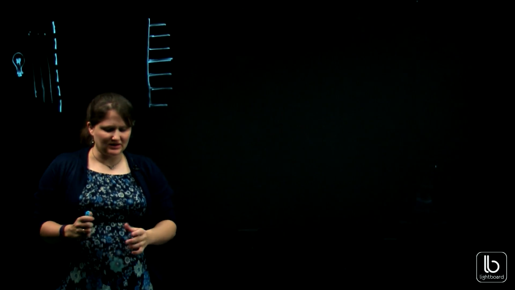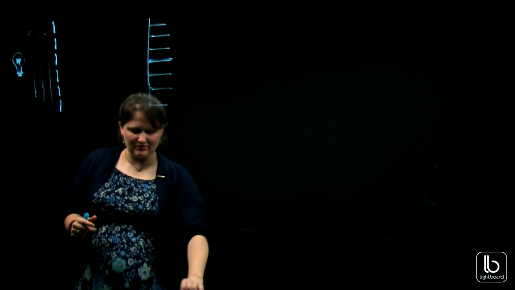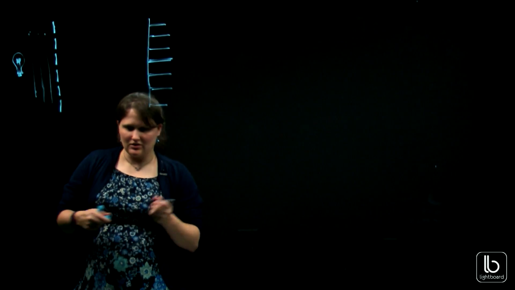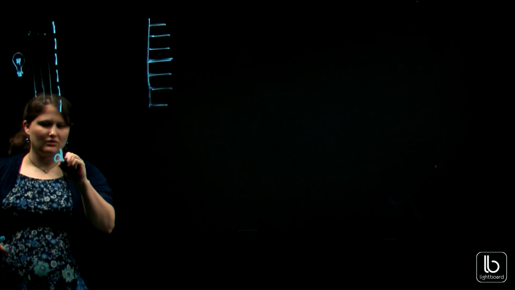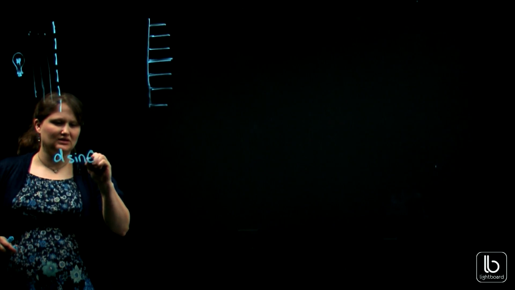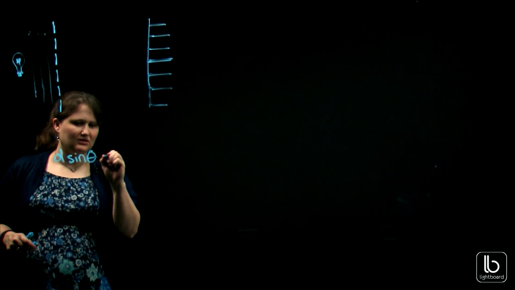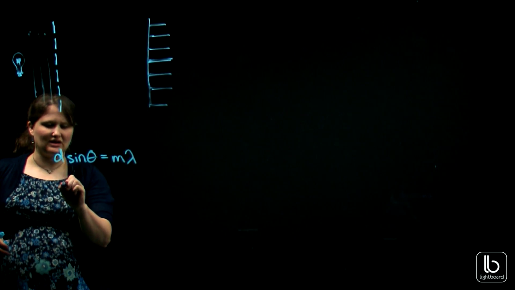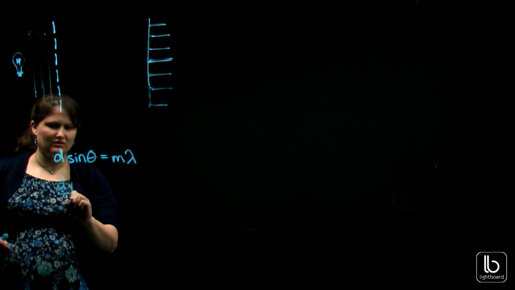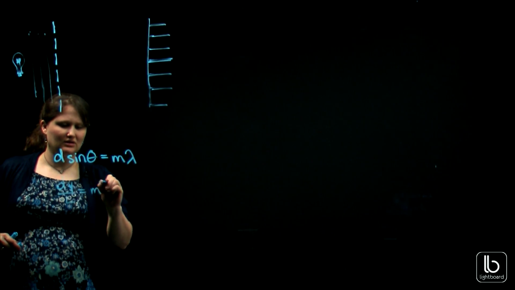Now, something that we didn't spend a whole lot of time mentioning before is this idea that we can represent d sine theta equals m lambda, or we can say d y over L equals m lambda.